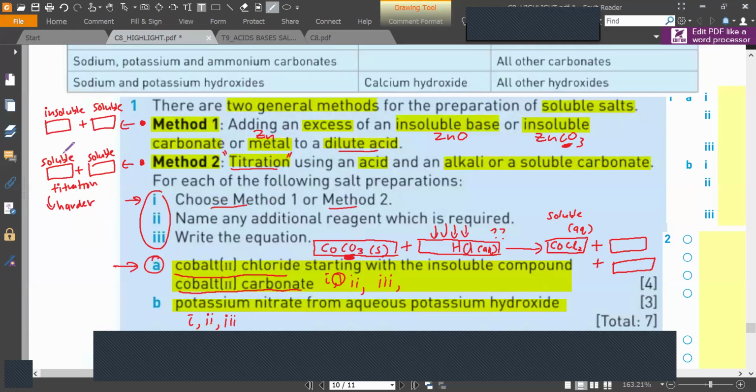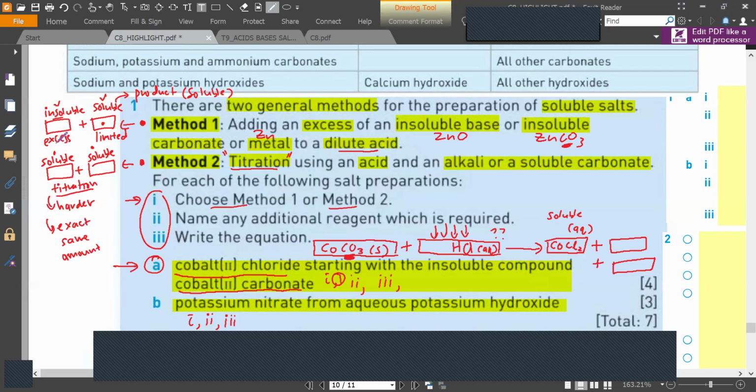Only when we have soluble plus soluble, where we must have the exact same amount, will we use titration. For insoluble plus soluble, where the product is soluble, one reactant will be limiting and the insoluble one will be in excess.